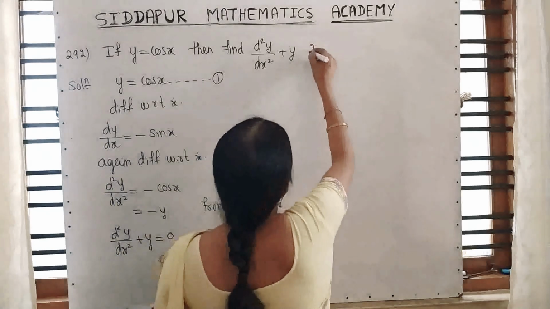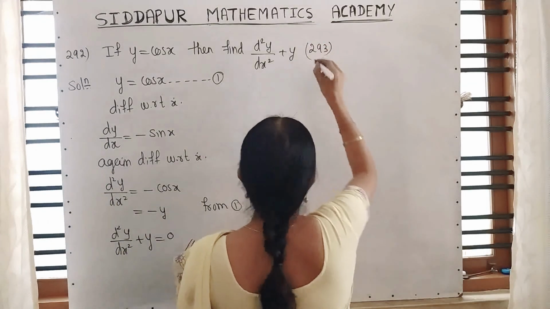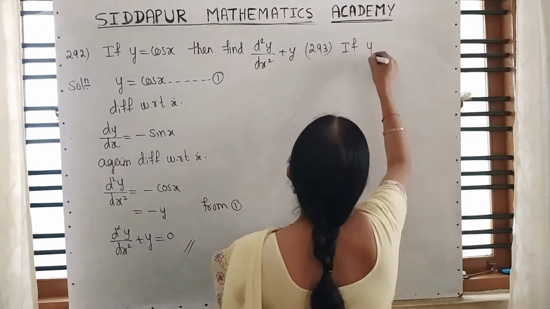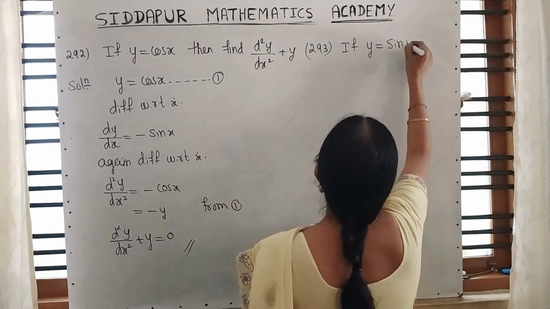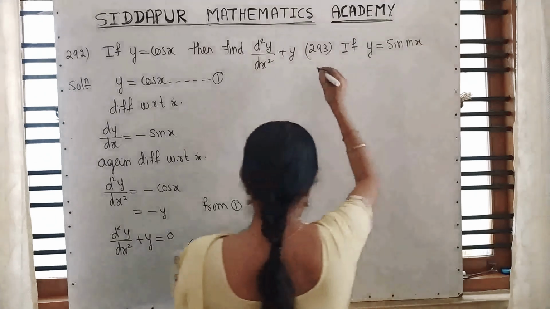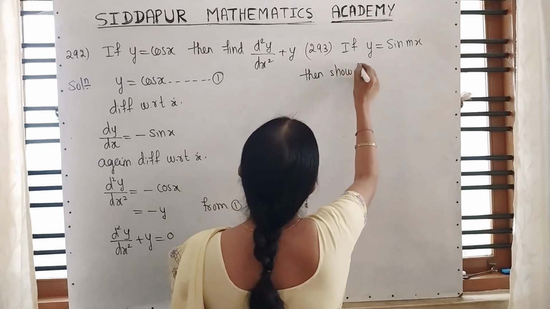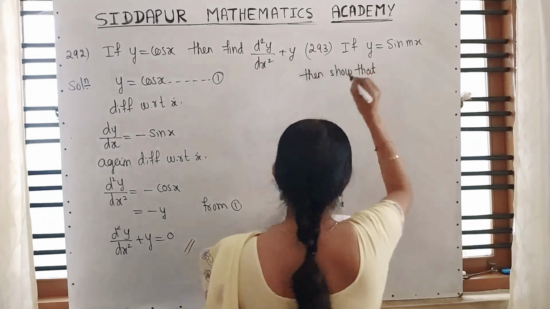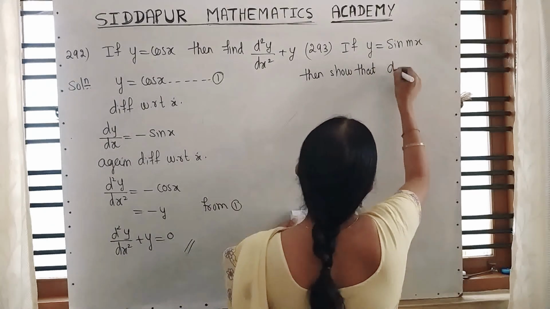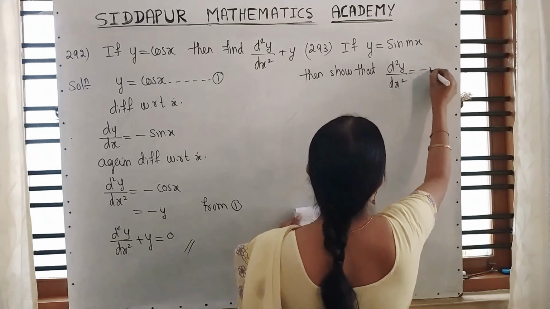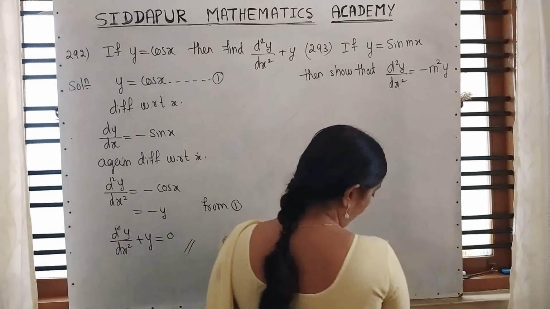Moving to the next question, that is question number 293. If y is equal to sin mx, then show that d square y upon dx square is equal to minus m square y.